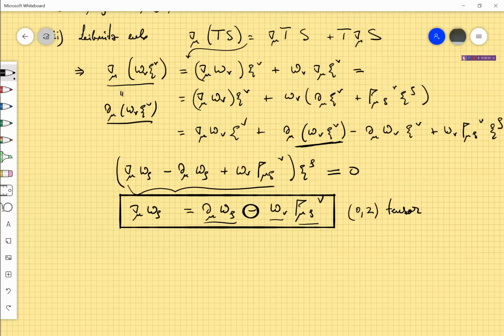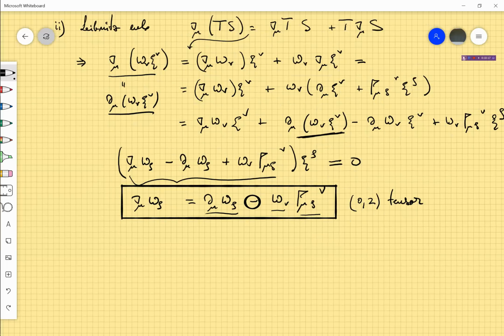Automatically, I don't have to do anything. Now you can extend this to general tensors. So you have a tensor of rank (r,s).